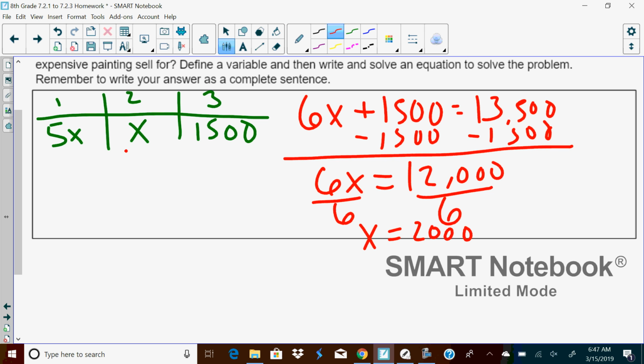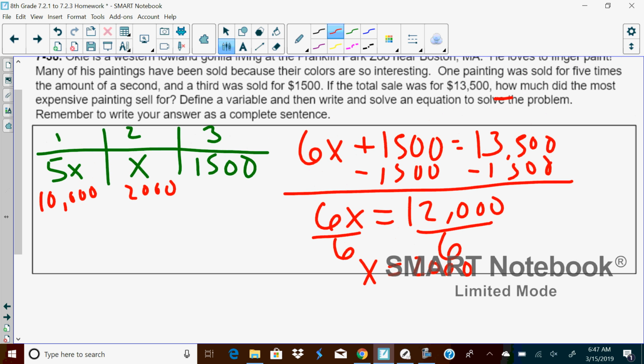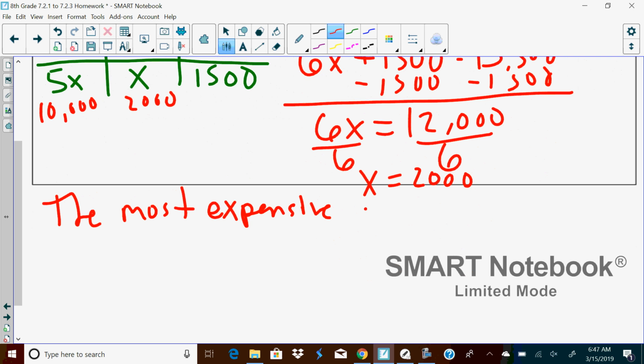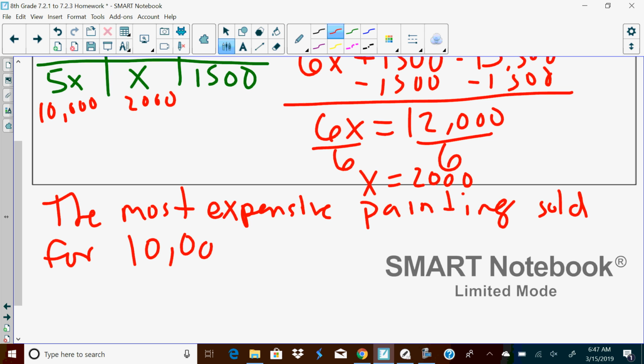So I know that X sold for 2,000. The first one, 5 times 2,000, is going to be 10,000. So the question says, how much did the most expensive painting sell for? So I would say the most expensive painting sold for $10,000.